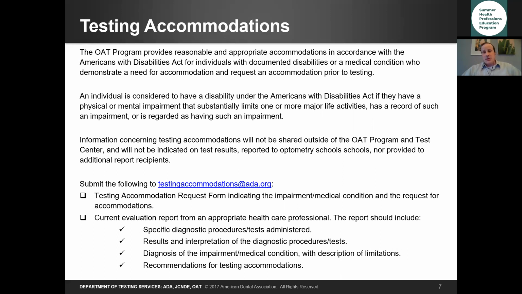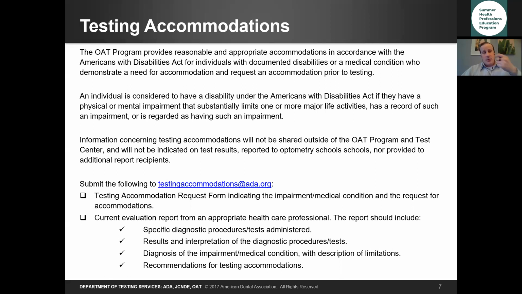Generally, this looks like additional time to take the test, time and a half or double time, or a separate testing environment so that you can have, say, diabetic supplies if you are diabetic.